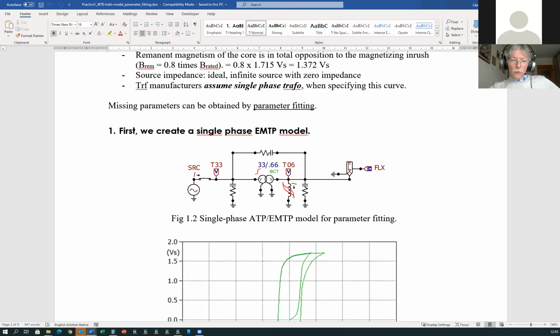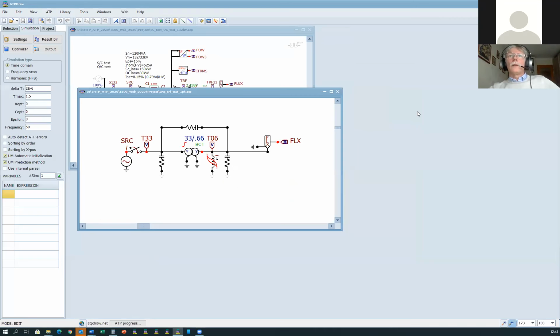I can open ATP Draw and I will also try to enlarge it a bit. You still don't see, but I will share it soon. Okay.